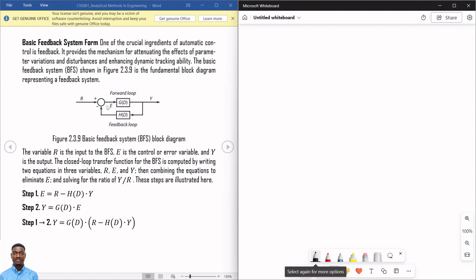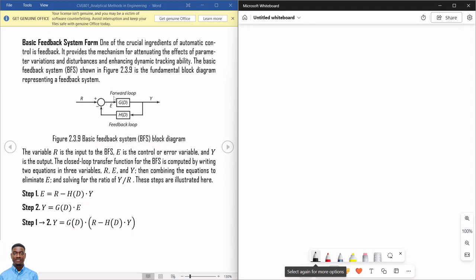So whatever this error is, what a control system wants to do is to ensure that the value of E here is minimized. So whatever value that E is, the system must be able to compensate for that difference, either to convert it into a voltage that will go again into the system itself to ensure that the difference between the output here and the input here is as close to zero as possible.